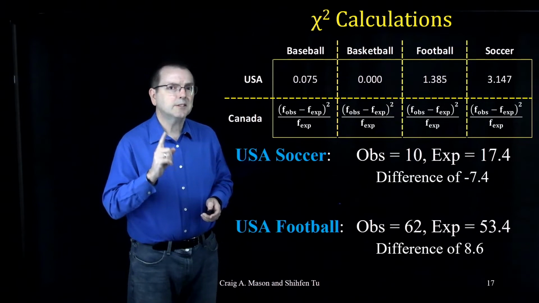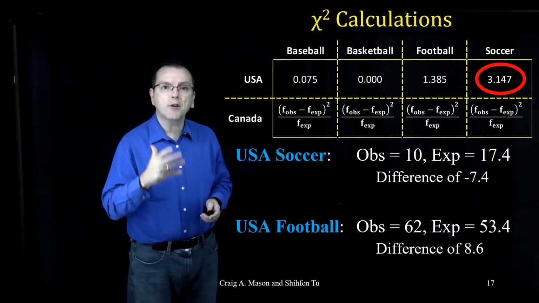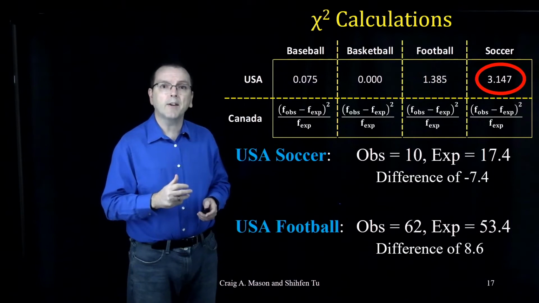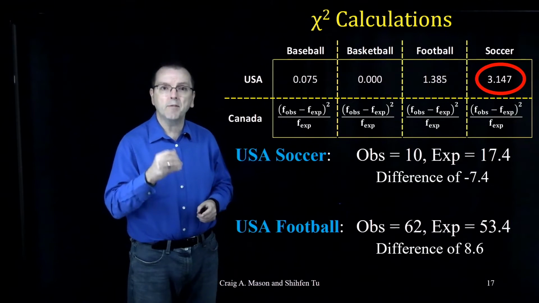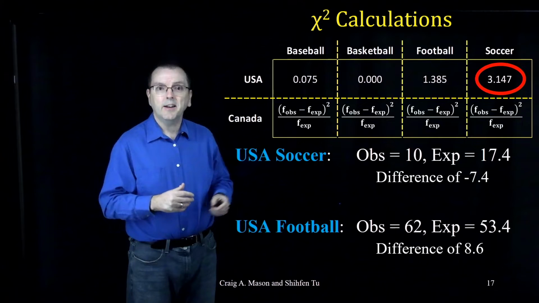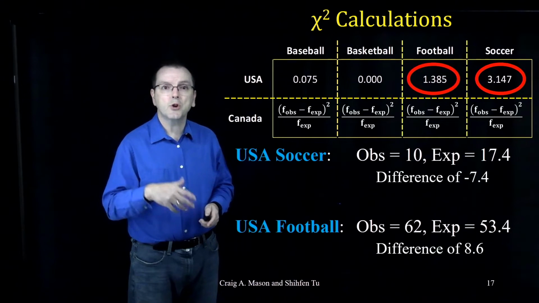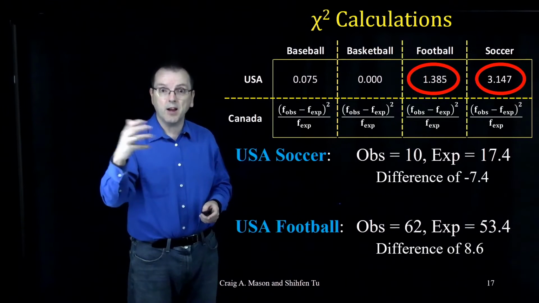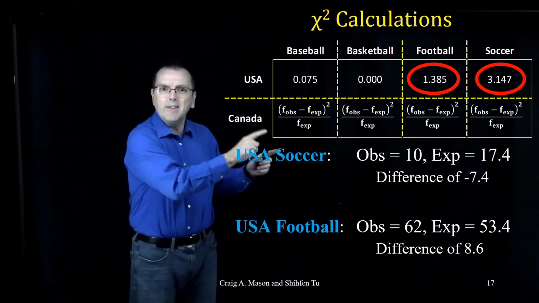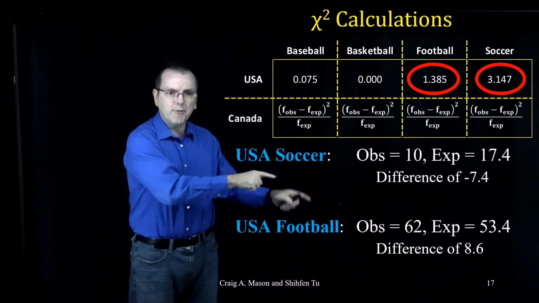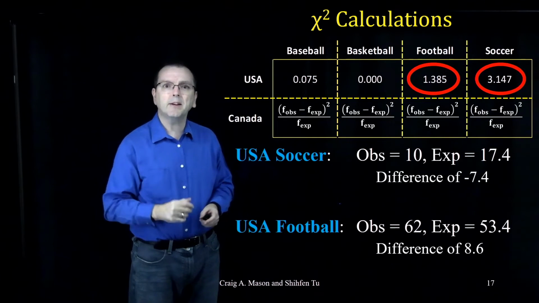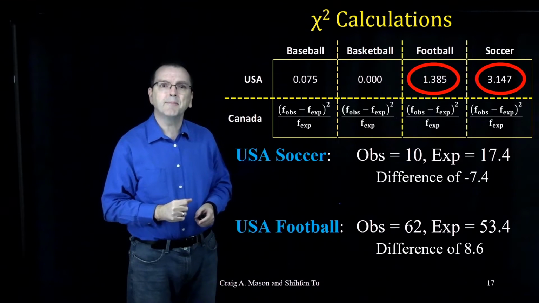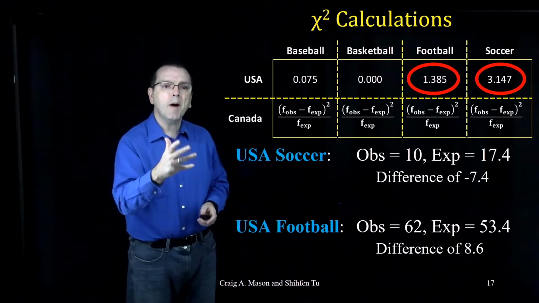But notice that soccer makes a larger contribution to our chi-square value. It adds 3.147, while football only contributed 1.385, even though the football difference is a little bit bigger. Interesting, isn't it? Now, why might that happen?